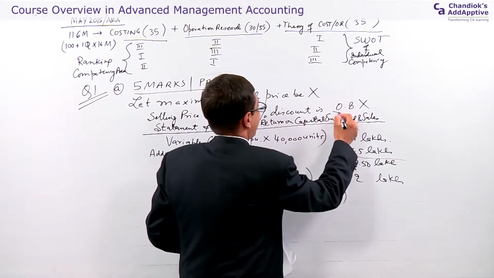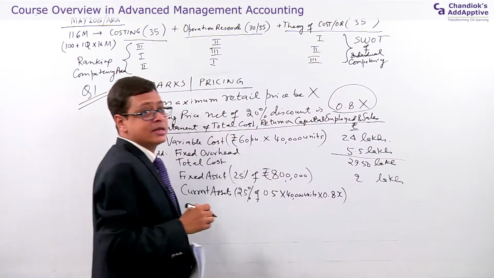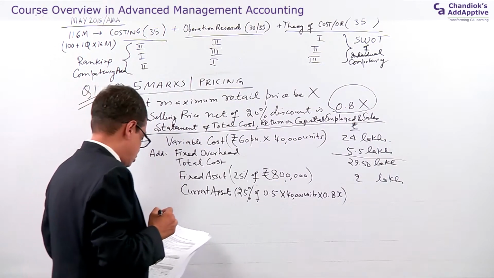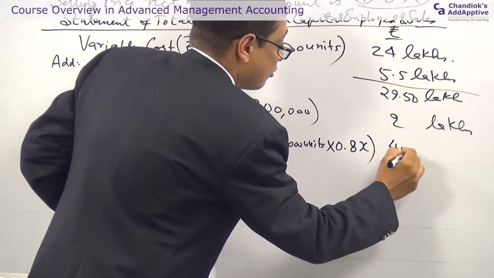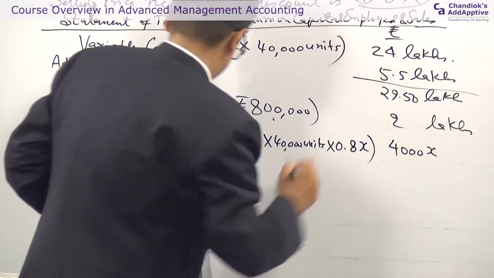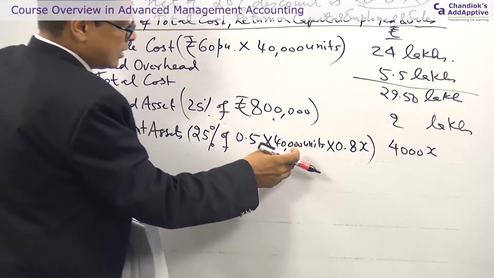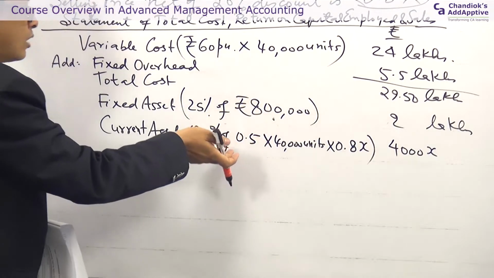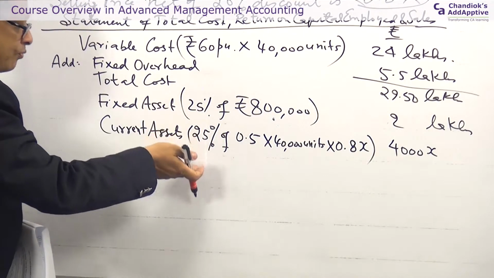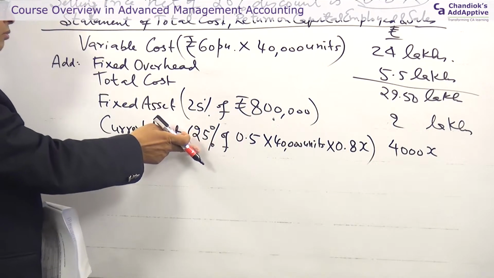Because selling price is 0.8x here. So if you solve it, this becomes 4,000x. How? 40,000 into 0.8 is 32,000. 32,000 divided by 4, why 1 by 4?